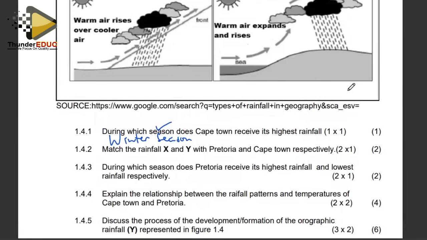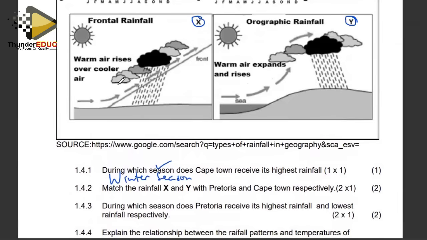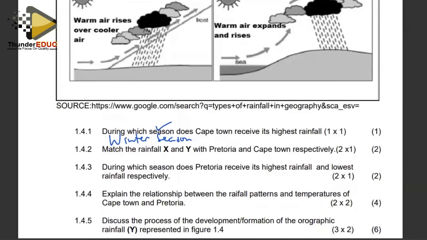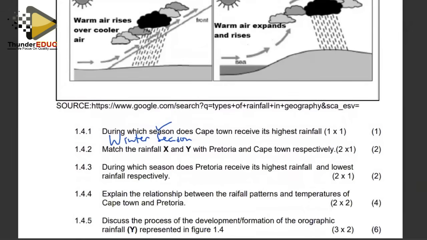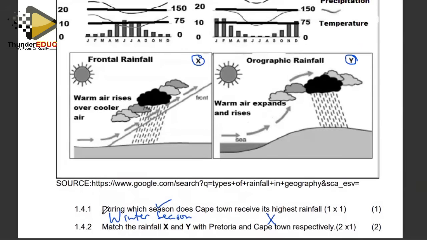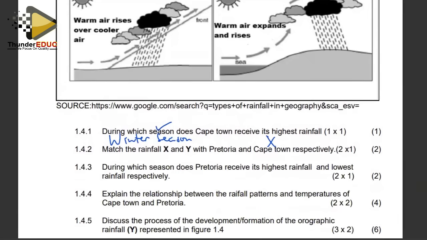So automatically it means Cape Town is the one that receives frontal, while orographic is experienced in Pretoria. So it means X is our frontal. Frontal rainfall is experienced in Cape Town, and then orographic is experienced in Pretoria.